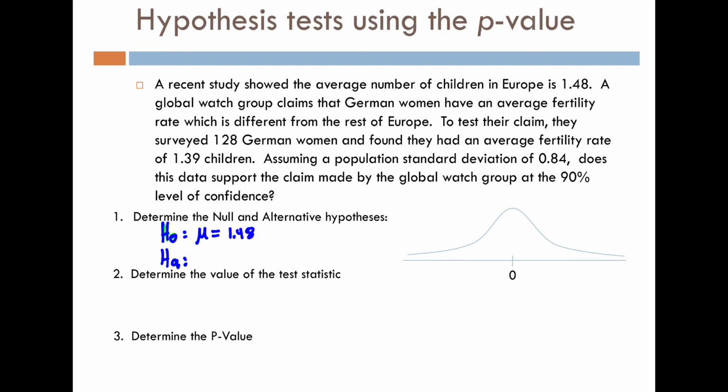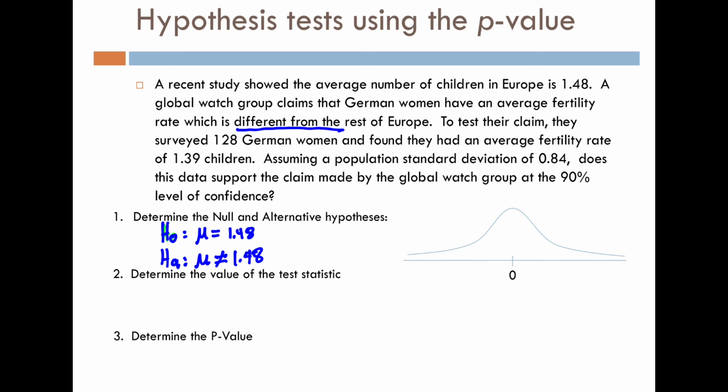And the belief by the researcher stated here is that German women's fertility rate is different than the rest of Europe. That's, again, very non-committal. So we're going with 1.48, not equal to, for our alternative.